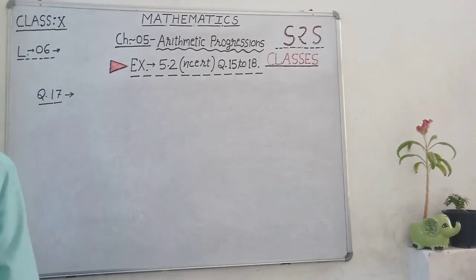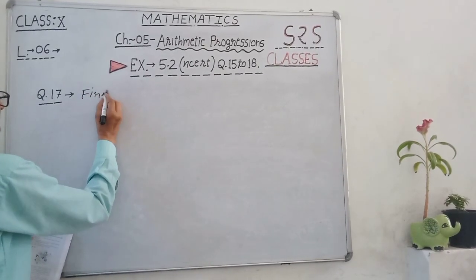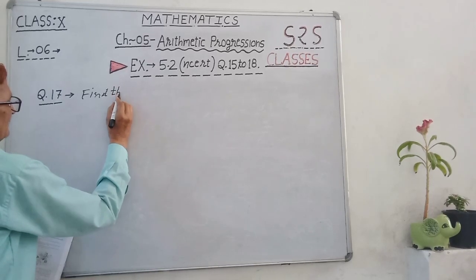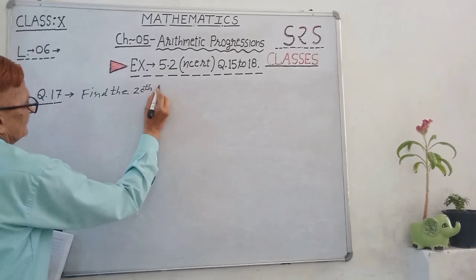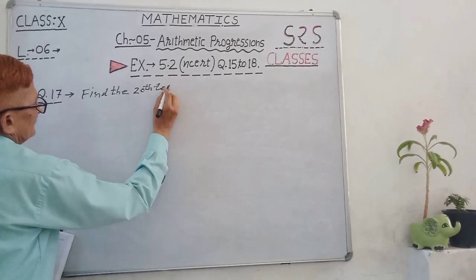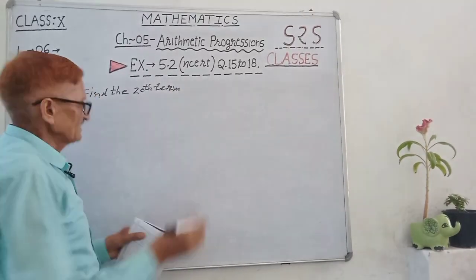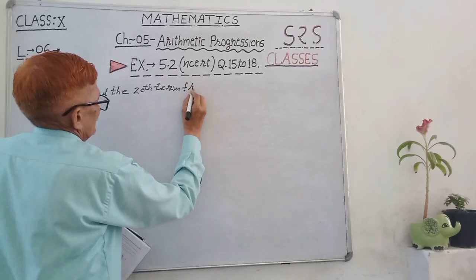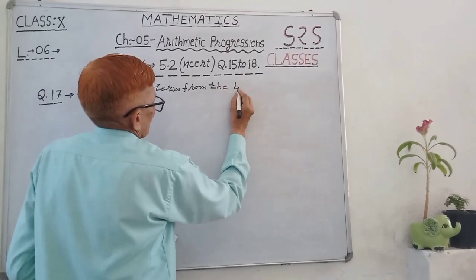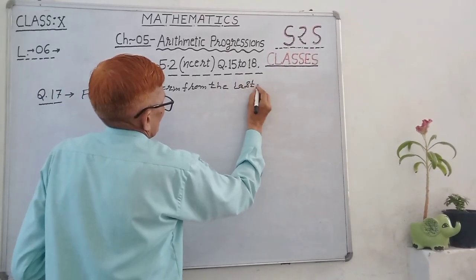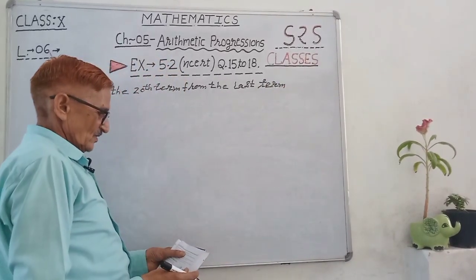Question 17 is: find the 20th term from the last term of the AP.